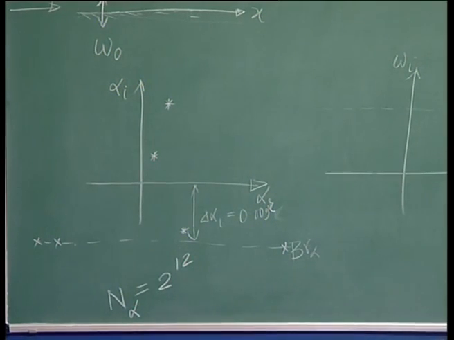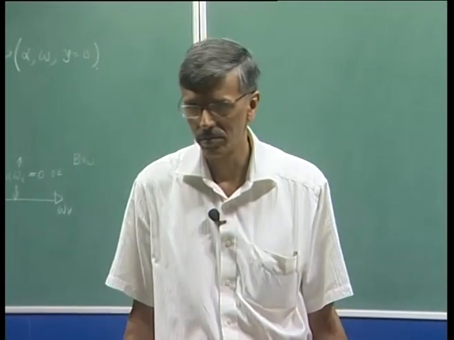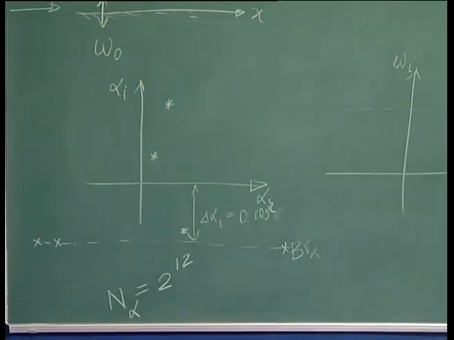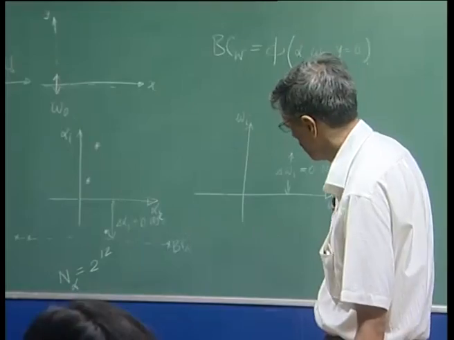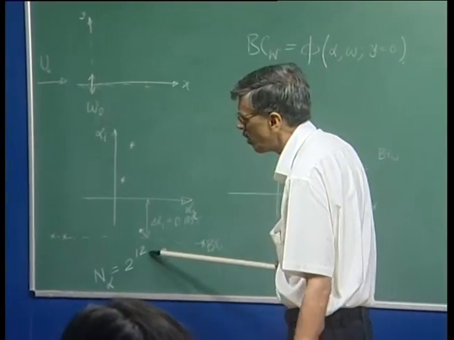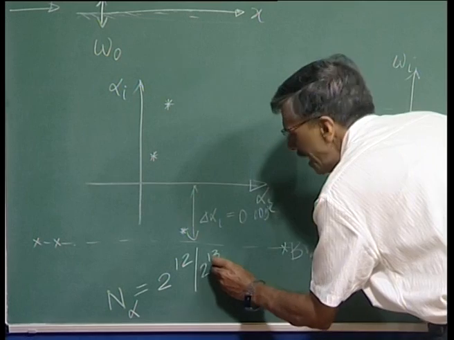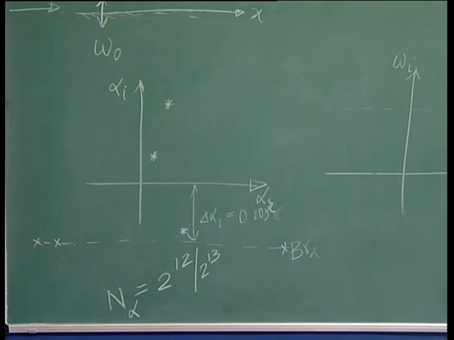That's something like 8,000 points. Oh, sorry, 4,096 points, because 2 to the power 10 is 1,024. We have also done it even higher, 8,192 points. So that's the kind of number of points that we take.